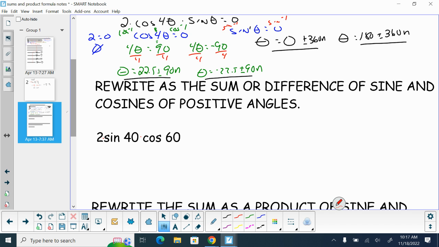We're looking to see: do we have 2 times the sine of an angle times the cosine of another angle? Do we have 2 sine of something, cosine of something on the right-hand side? It's the first one, isn't it?